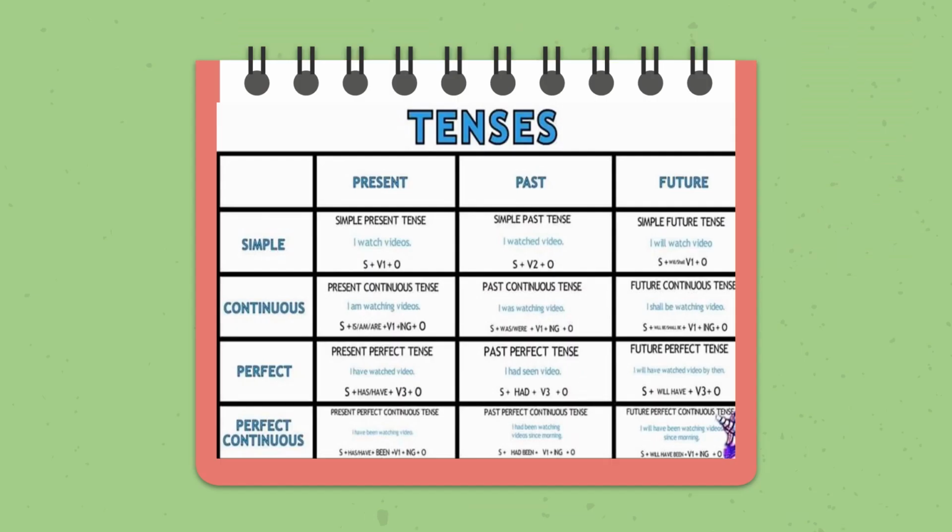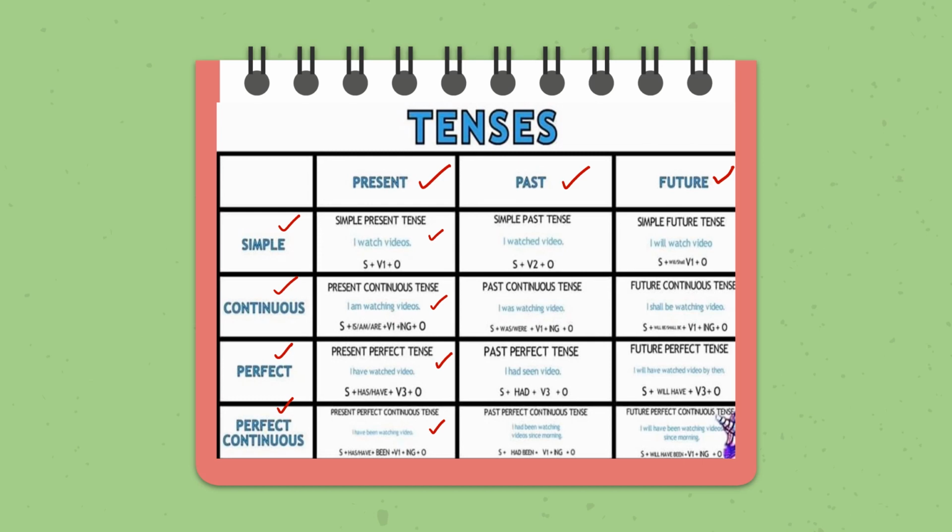As discussed earlier, based on the time component of a verb, the tenses can be divided into three types: present tense, past tense, and future tense. And based on the aspect component of a verb, tenses can be of four types: simple, continuous, perfect, and perfect continuous. So present tense is divided into four types: simple present tense, present continuous tense, present perfect tense, and present perfect continuous tense.